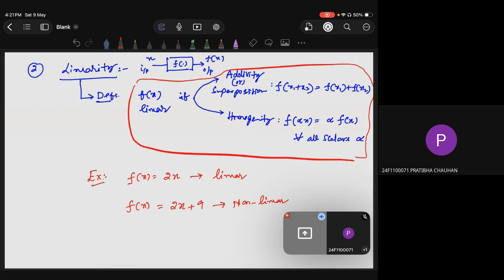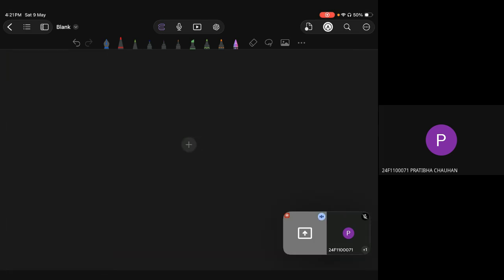That is a major important property because what we are studying is LTI control systems, linear time invariant systems. So the linearity property is very important. That is the second concept.